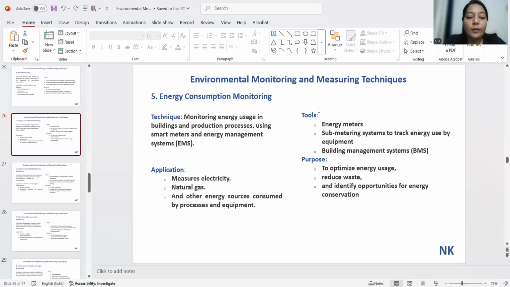In the tools part, we have energy meters, submetering systems to track energy used by equipment, and building management systems, BMS.